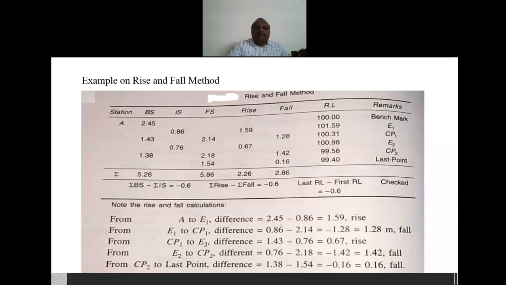We will get a negative value, that is 0.6, and the last RL minus first RL, you will get minus 0.6. So all these three arithmetic checks should be done in this method, that is the rise and fall method.